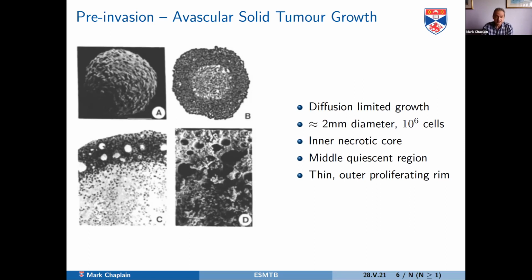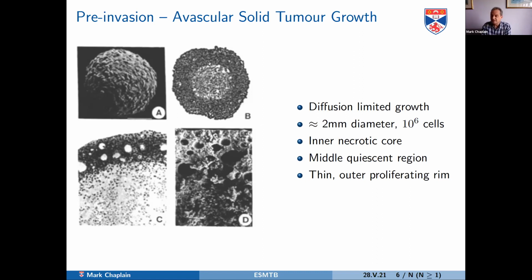And you can see here, here's a picture of a multicellular spheroid. And this grows to a size of a few millimeters in diameter with about 1 million cells. And so it's limited because the nutrients only diffuse from the surrounding tissue. And basically, there's a balance between cell birth and cell death. As the oxygen diffuses into the tumor, you can see from this figure B that this is with some staining.